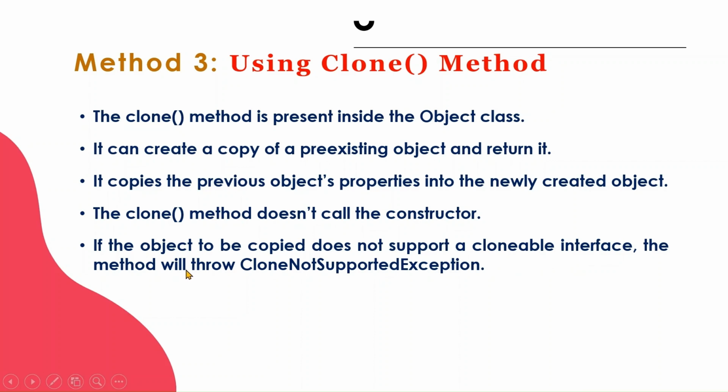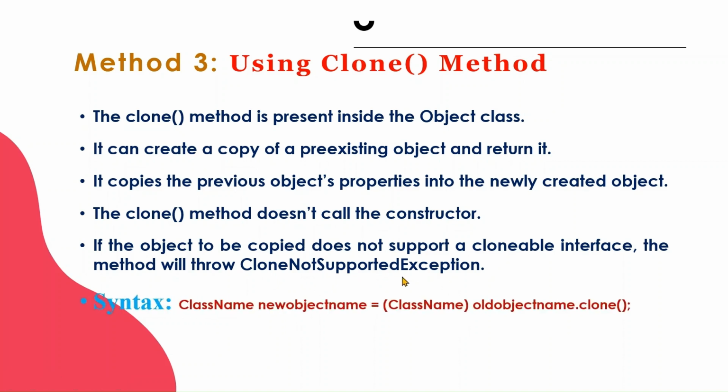If the particular object is not supporting the Cloneable interface, then the clone method has the possibility to throw CloneNotSupportedException. So another way to say it is, if you're trying to make a copy of the existing object and there is any problem, then obviously CloneNotSupportedException will be raised.